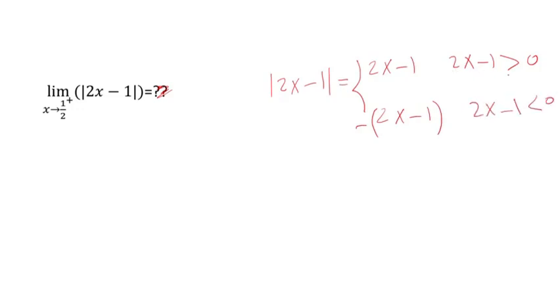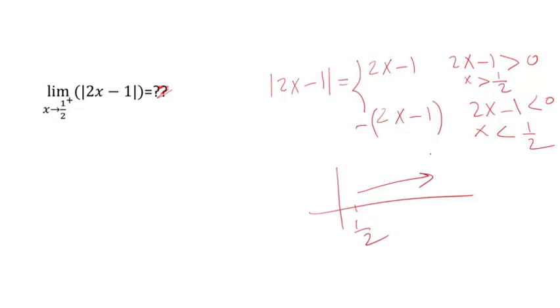So if you solve this inequality, you will get x is greater than 1/2, and the same thing here, x less than 1/2. If you plot this, I have 1/2 here somewhere, so 1/2 plus just means to the right of 1/2, which means x is greater than 1/2, which means this evaluates to 2x minus 1.